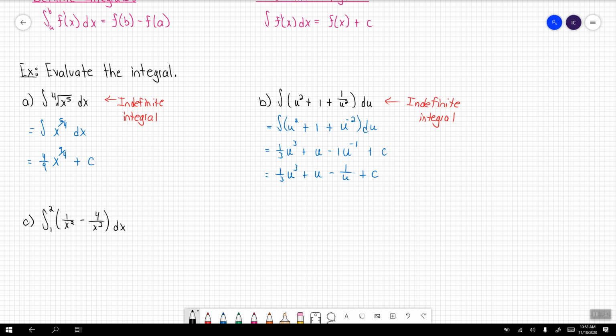So again, I'm going to identify really quickly: I have a definite integral at this time.